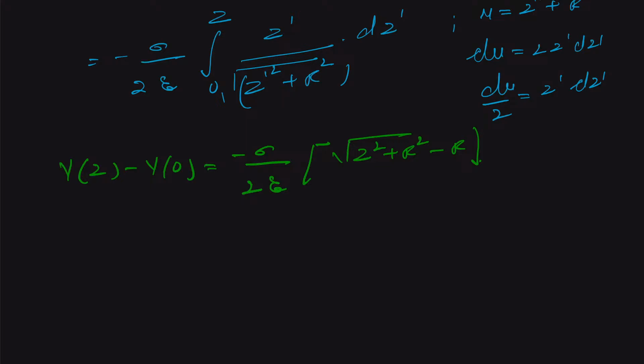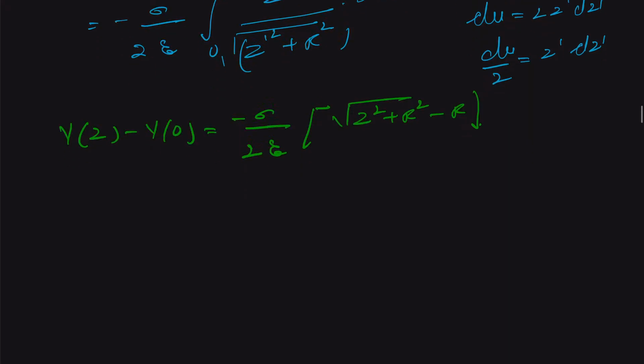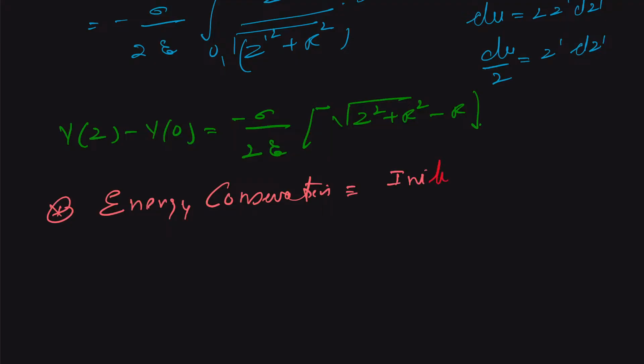And now we can use our energy conservation. Initially it was said that it is being released, so it means initial velocity is equal to 0, therefore initial kinetic energy is equal to 0, because it is released from a height z.